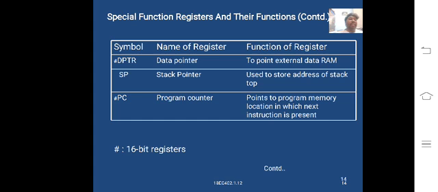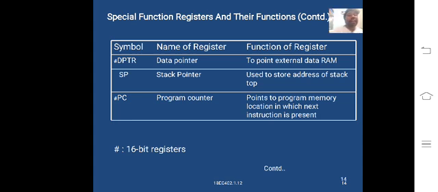Sometimes in examinations they ask whether the DPTR register is 8-bit, 32-bit, 16-bit, or 64-bit. That is how to remember the length of the register. The DPTR is a 16-bit register.